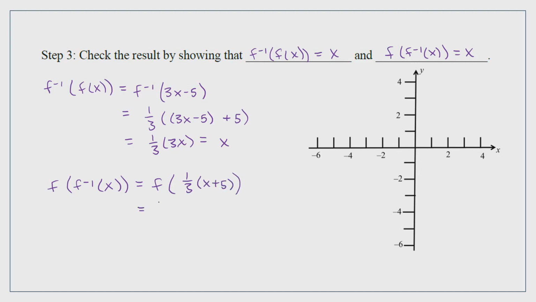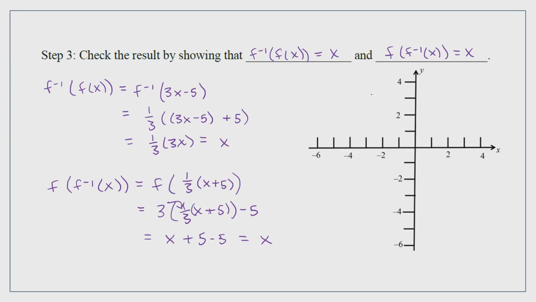And we'll substitute that into our f of x function. 1/3 x plus 5 minus 5, multiply by 3, and we get x plus 5 minus 5, which equals x, which is true. Okay. So now we can graph both functions.